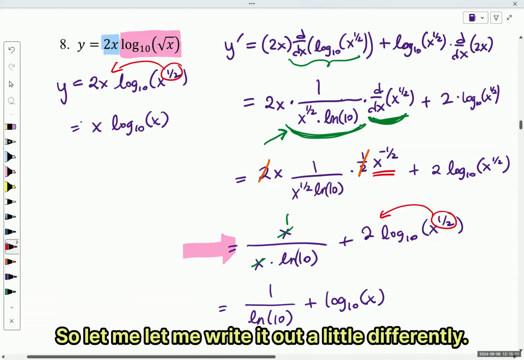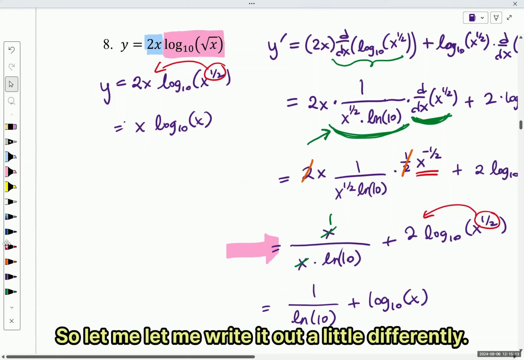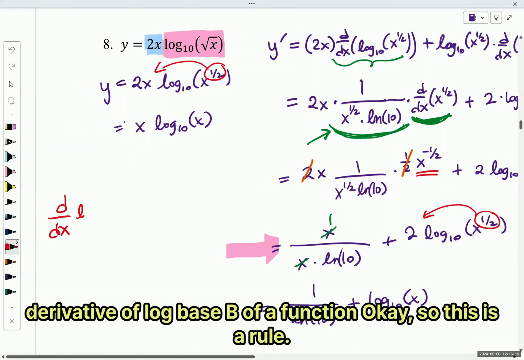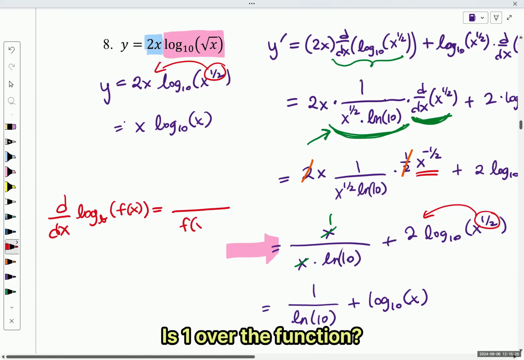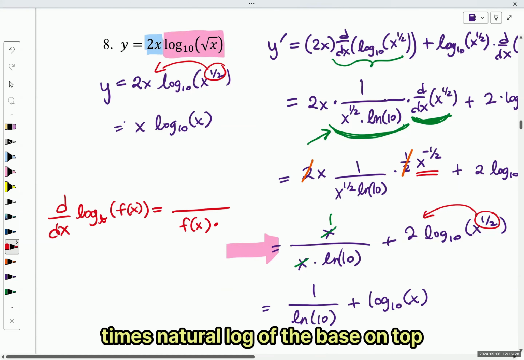So let me write it out a little differently. Derivative of log base b of a function. Okay, so this is a rule, is 1 over the function times natural log of the base.